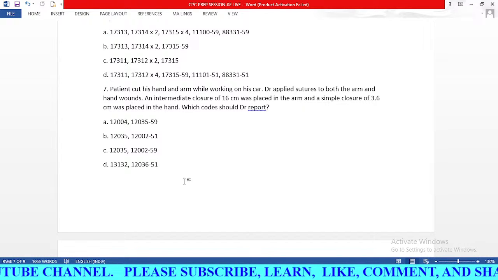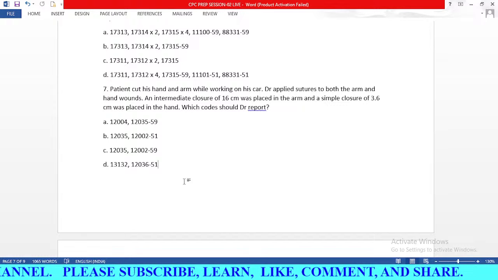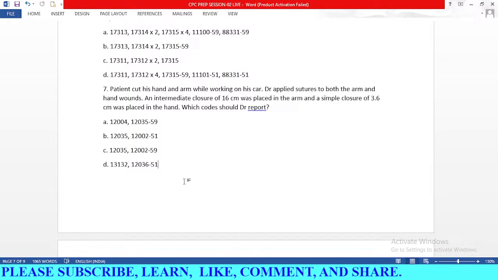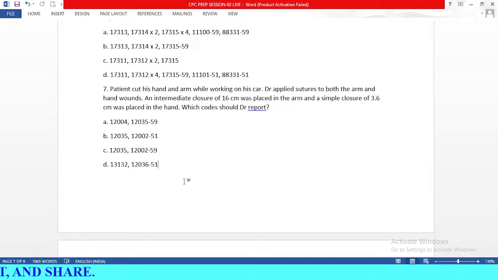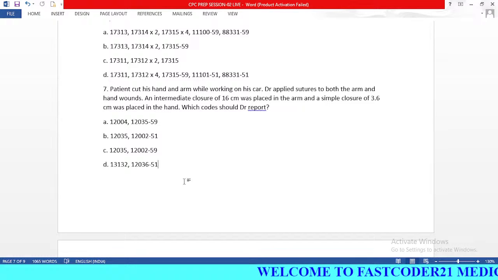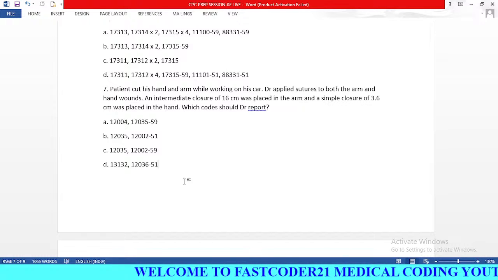Here we need to use the 59 modifier, different location. 51 is for multiple procedures in the same location, and 59 is for different locations. Previously we added one code, for example wound excision with simple repair, or complex repair on the same wound.